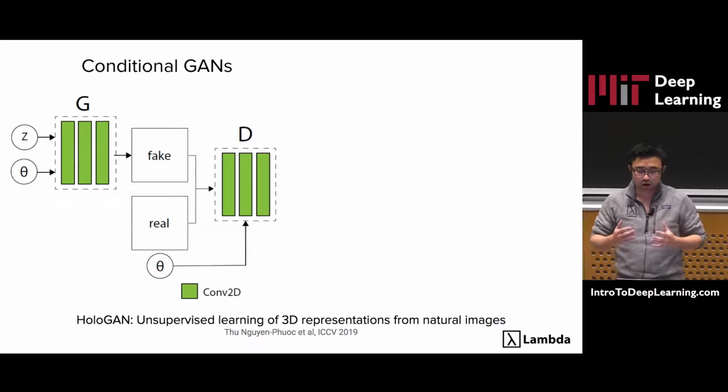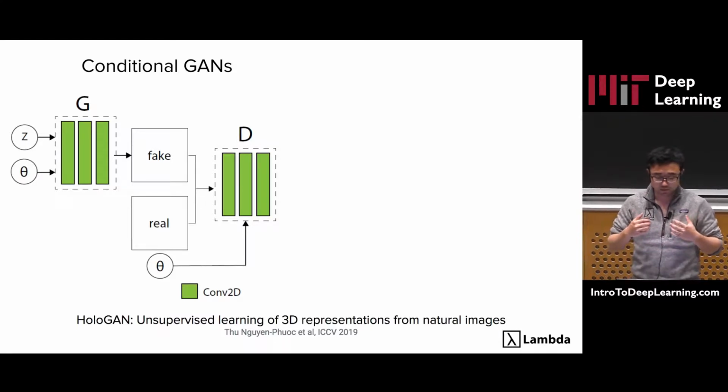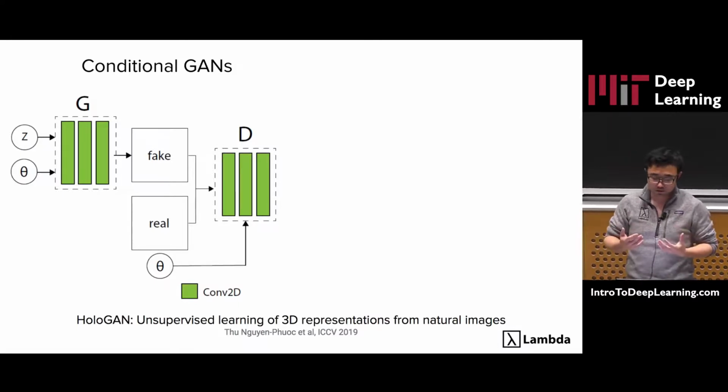Let's first take a look at how a conventional generative network works. For example, conventional generative networks generate images using 2D convolutions with very few assumptions about the 3D world.